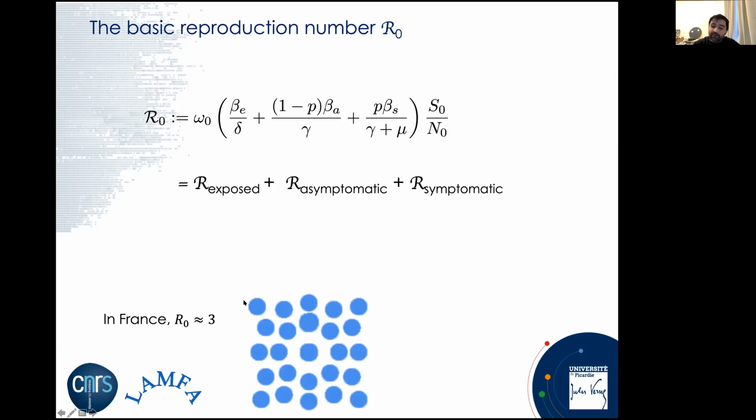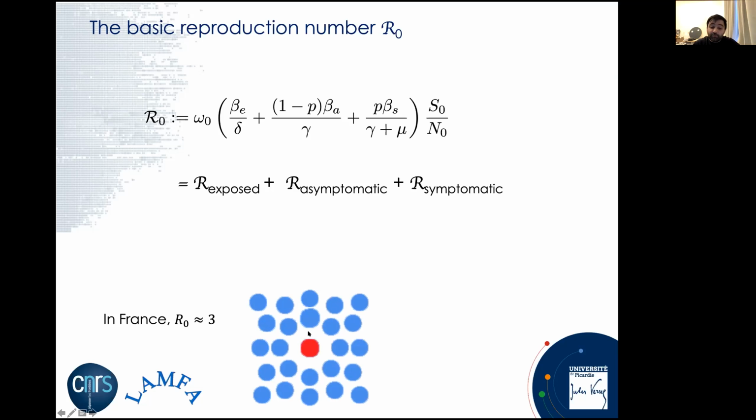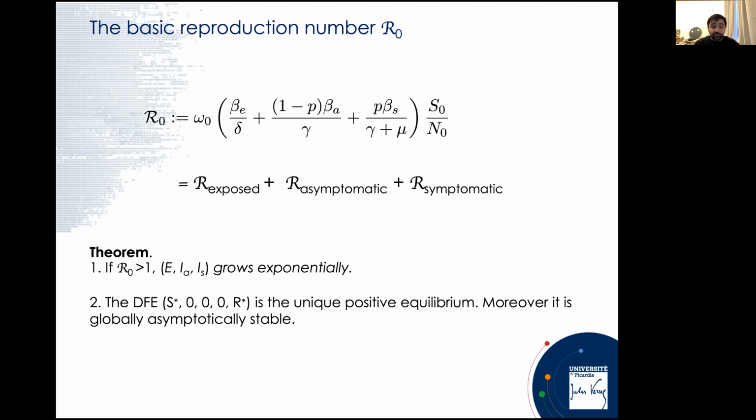If you take a population made only of susceptibles, which is not true in real life, and you put one contagious individual, it will infect 3 individuals, and each of these 3 will infect 3 other people. So you see, you have the exponential increase of the epidemic.